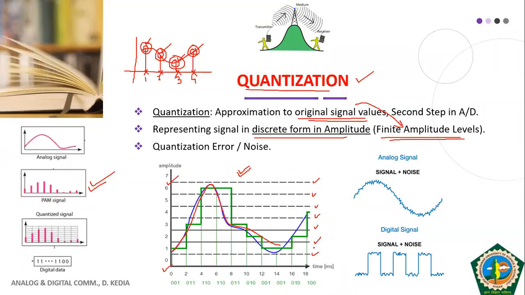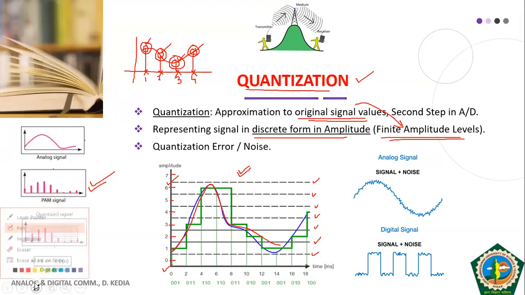And these levels have been numbered depending on the value at the center of each level. The center of the first level is called 0. The center of the second level is taken as 1. The center of the third level is 2, then 3, then 4, then 5, then 6, and this one is 7. Now what is the meaning of approximating the original signal value to a finite level?